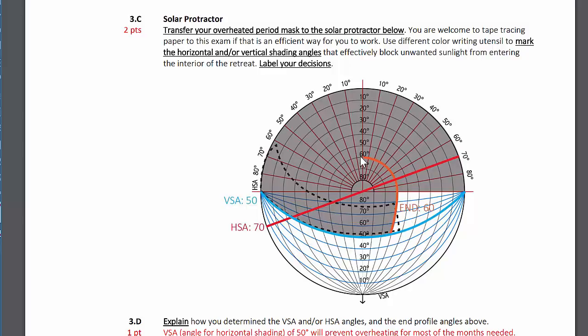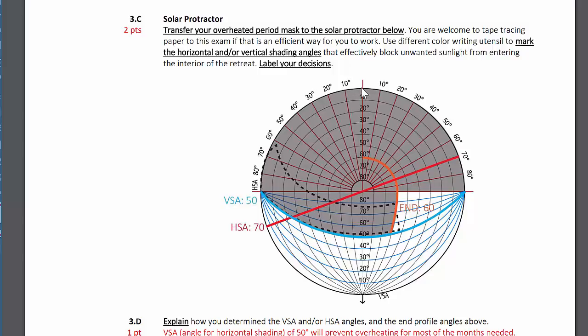So the end profile curves are these gray lines, and I just trace one until I get to the 60-degree angle and bring that down to where it intersects my VSA. And then I could be done, but what ends up happening is, in order to shade all of this really late afternoon sun, where I am still in the overheated period, I end up having an end profile angle of 0 degrees.